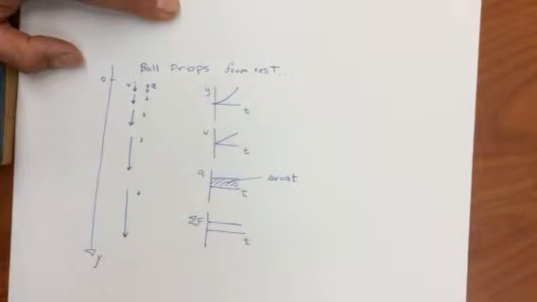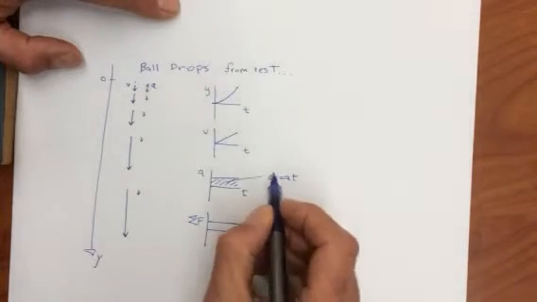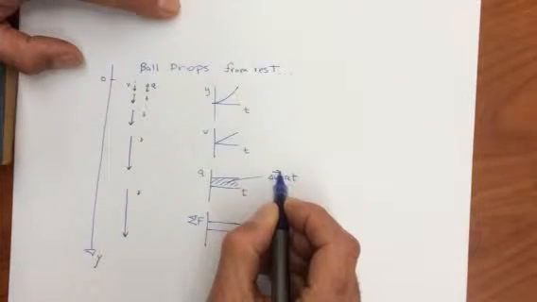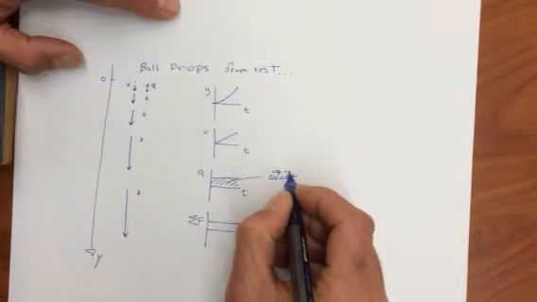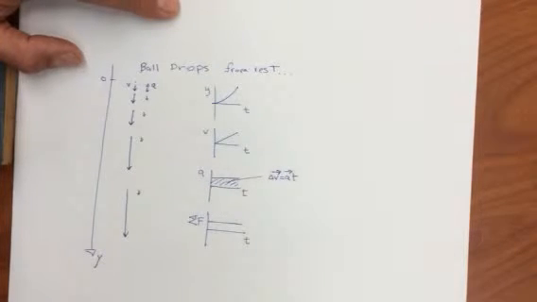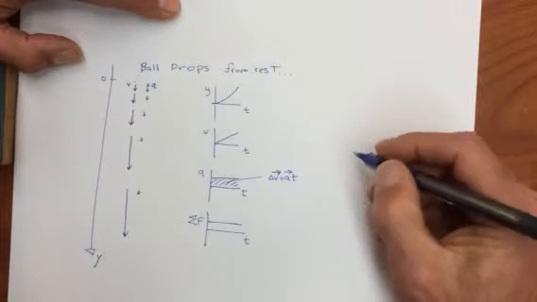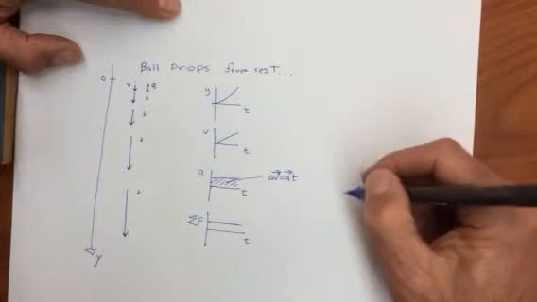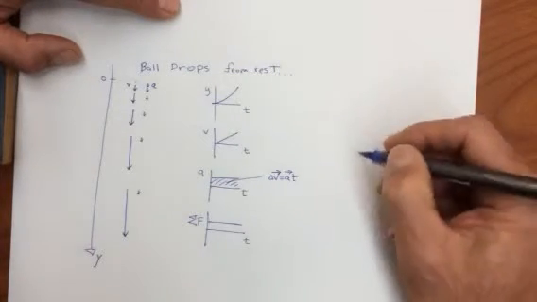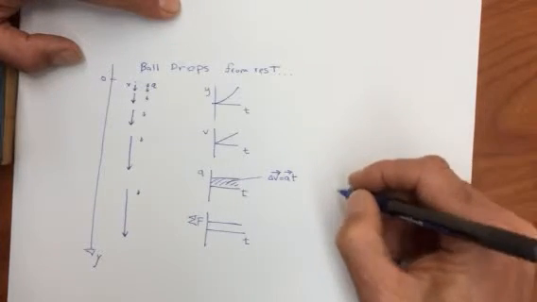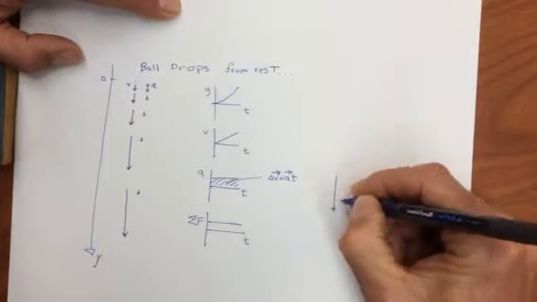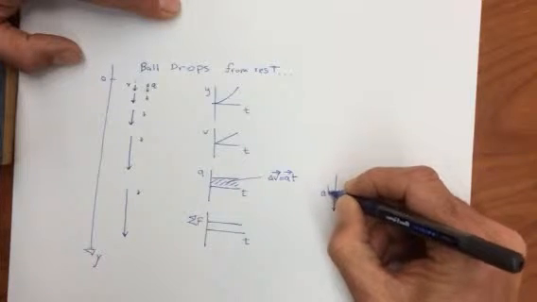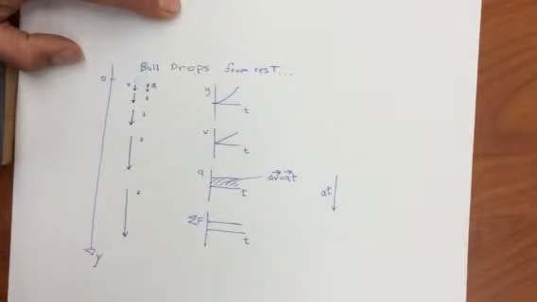What I find interesting, the graphs only really show magnitudes of our vectors, but once we go into the fundamental relationships, acceleration and change in velocity are vectors, so I can argue that acceleration is down, therefore my AT vector is down because time doesn't affect the direction of that vector.